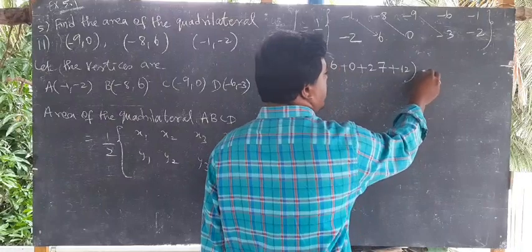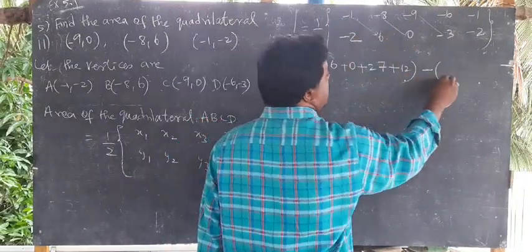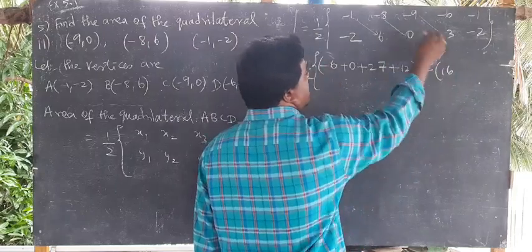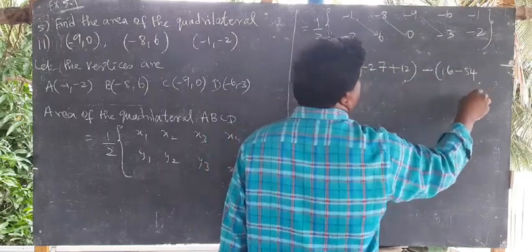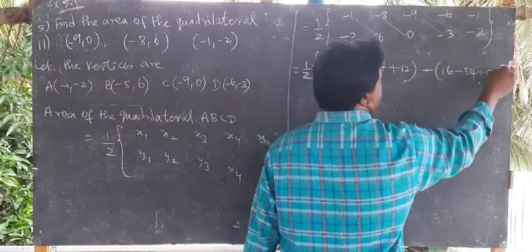And then put minus 2 into minus 8, 16, 6 into minus 9, minus 54, 0 into anything, 0, minus 3 into minus 1, plus 3.